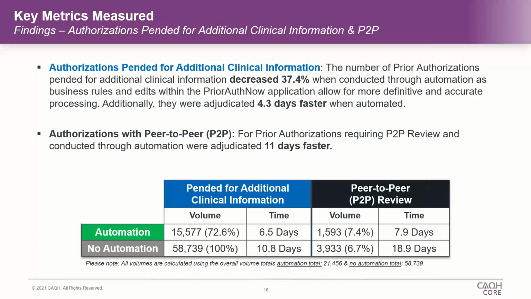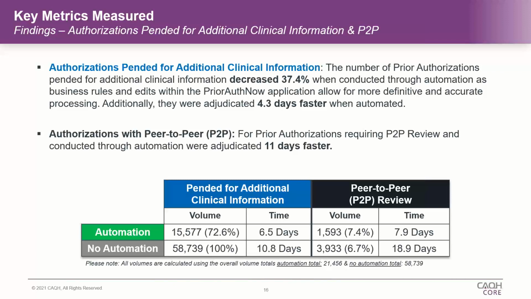When we look at the peer-to-peer, again, the percentages are right on par with where we expect to see it compared to our non-automated work. And the reason for that is that it's dependent on whether the right information was sent, is the right information there to begin with. Those are what are driving the peer-to-peer. This was important because we wanted to make sure that there was no impact with the automation that would potentially be causing some of the issues.